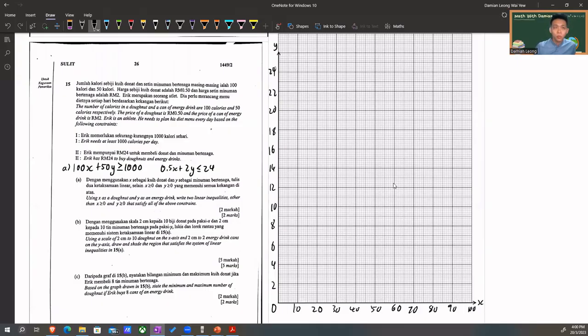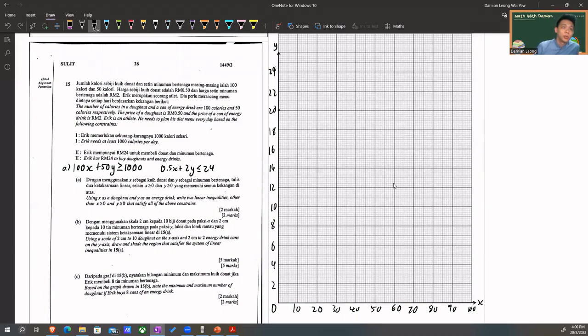So to draw the lines, I just need any 2 points on the line. So I just substitute any value of x or y in, then find the other value. So let's say x is 0, 50y is 1000, divided by 50, y is 20. So if x is 0, y is 20, this point.